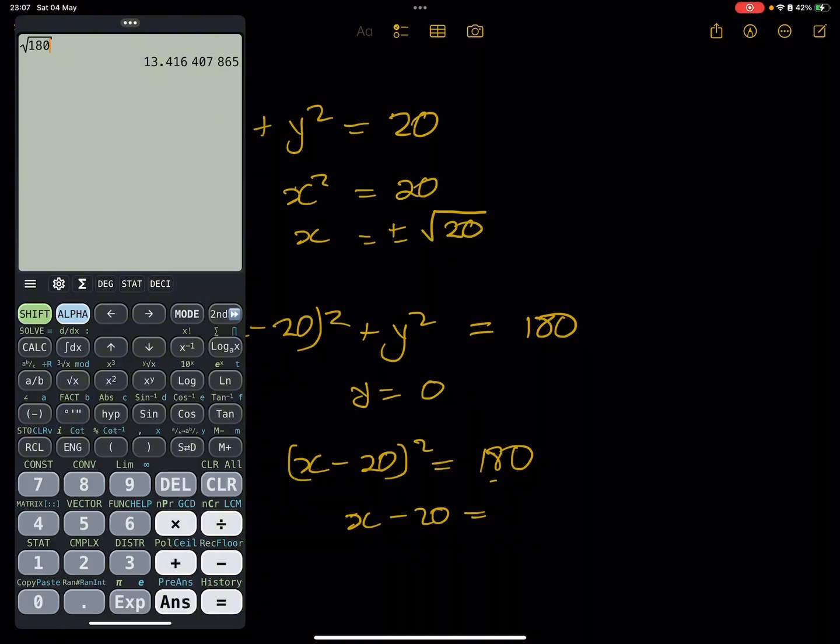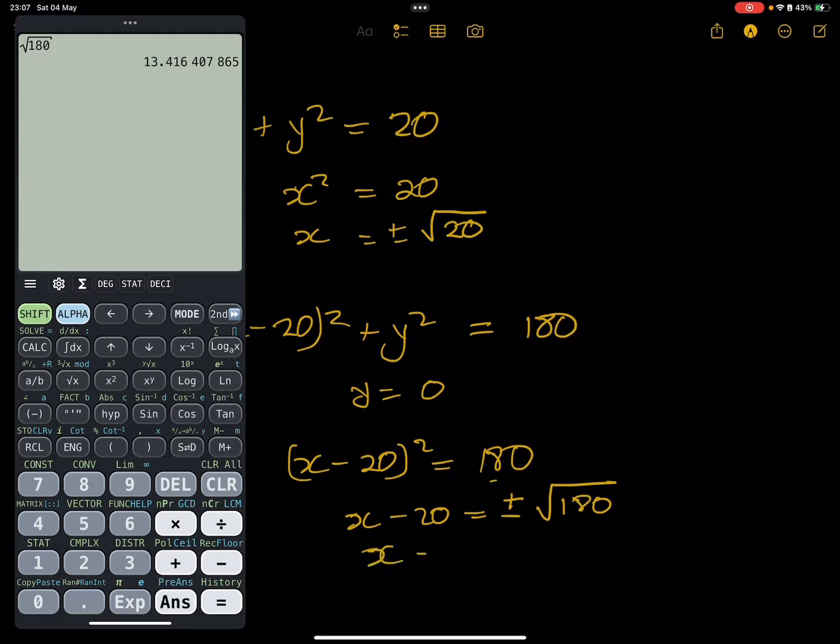So in fact, I'll just leave it as square root 180. Okay, so that's plus minus the square root of 180.